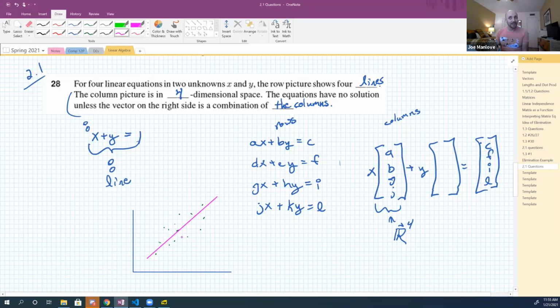But if they did, then that result would be a linear combination of the columns. So what it does is it kind of finds the closest point in high dimensional space. Don't worry, we'll talk about this more later. But for right now, I just want you to know that's kind of what it's doing. So don't feel like this is completely irrelevant. We do circle back to this problem.